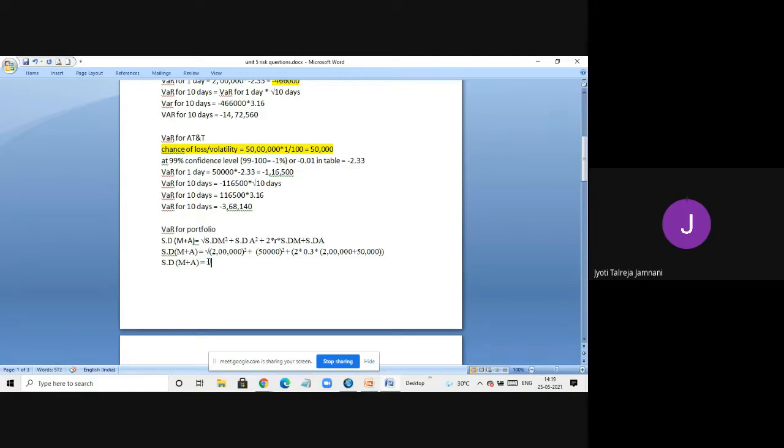So 2 lakh square, just a second, it's not plus here, it's into, sorry. So we're going to multiply all of this: 2 into 0.3 into 2 lakh into 50,000. And then we are going to find 2 lakh square and 50,000 square.